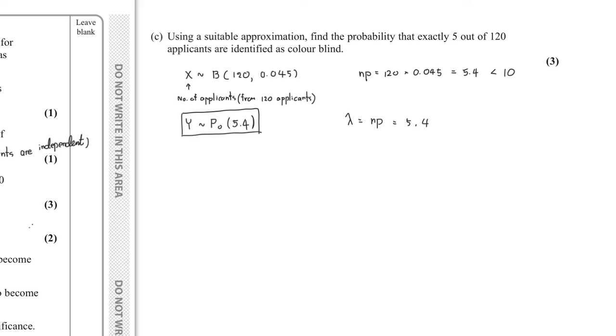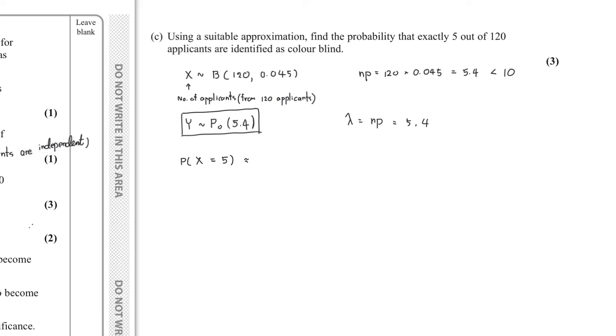In this case, we have to find the probability that exactly 5 out of 120 are colorblind. That means X is 5. We're not going to find the probability of X is 5 directly from the binomial distribution. So we have to use the approximation, which is Poisson approximation in this case.